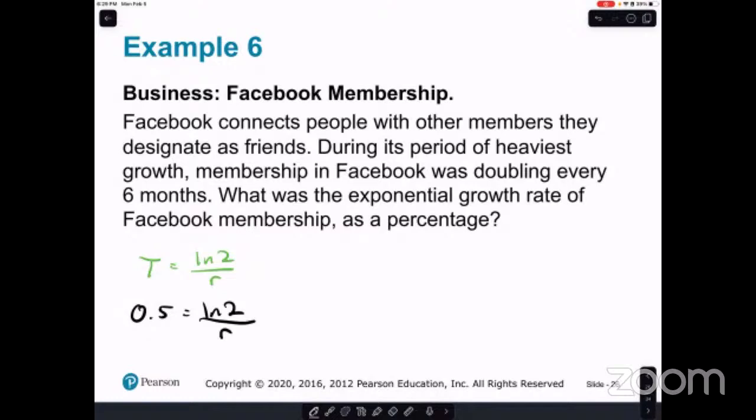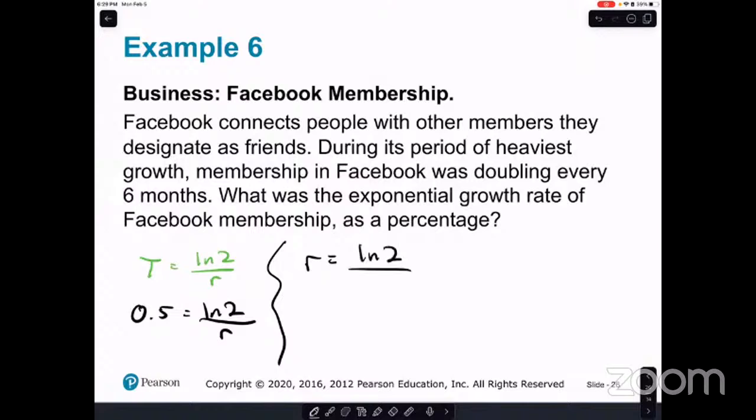Cross multiply is probably just the fastest, easiest, right? So then r equals the natural log of 2 over a half, right? Which is really the natural log of 4, right? Because when you divide by a fraction, you do keep, change, flip. So the natural log of 2 divided by half is the same as 2 times the natural log of 2.